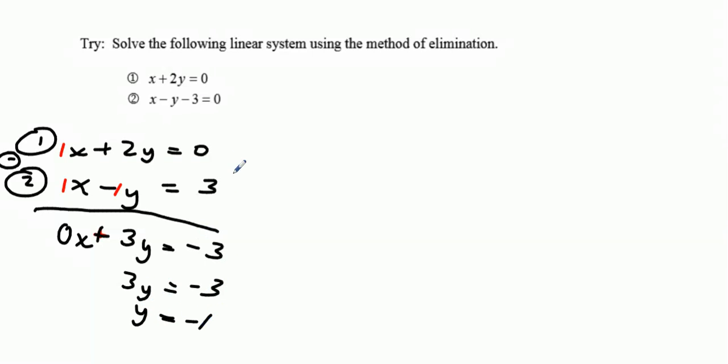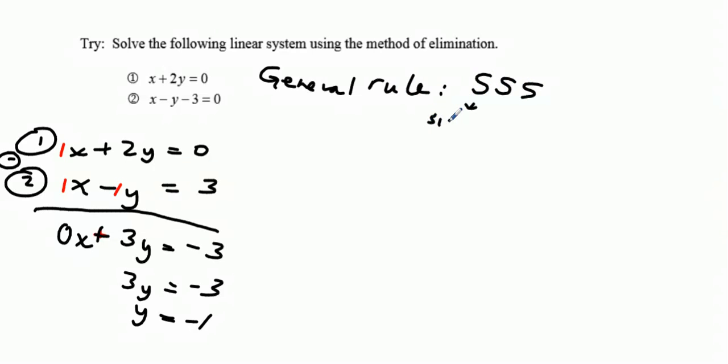Okay, so the general rule for deciding whether or not you are going to add or subtract when you have the same coefficient, this is what I tell my students: S, S, S. If the signs are the same, you subtract. So I'll show you an example. 2 and 2. Of course, 2 minus 2 equals 0.